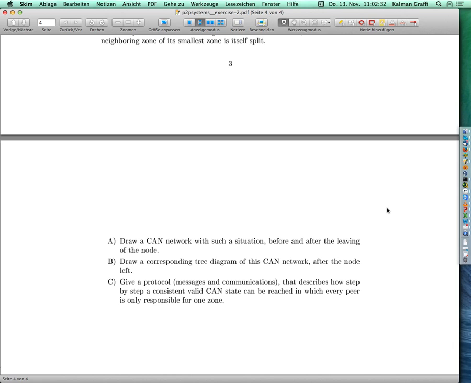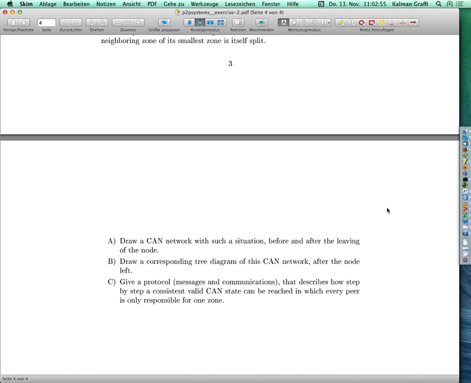One moment. Okay, so let's say not N is taking over, but J. So this one, then it's easy. J checks, okay, in my local area, where I'm also responsible, on the same level of the tree, there's one single node.